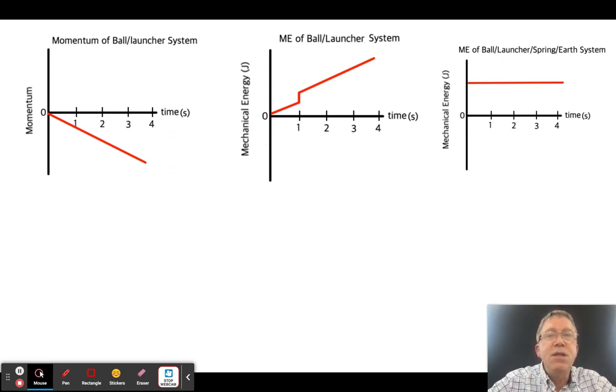What if I want to do the mechanical energy of the ball launcher system? Now, I'm not including the Earth, just the ball and the launcher. So that means there's no potential energy here. So we have to be a little bit careful with defining our systems here. That means as time goes by, since it's gaining velocity, it doesn't matter if it's negative velocity, it's still gaining kinetic energy. Remember, there's no negative kinetic energy.